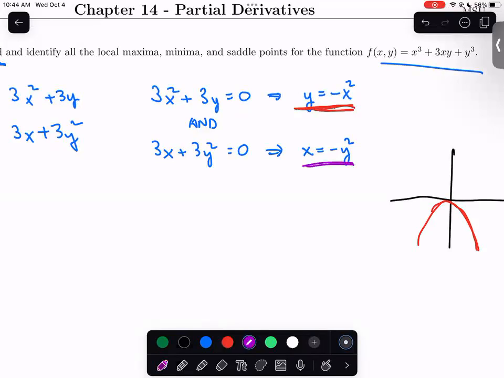Your y partial derivative is equal to 0 everywhere along this parabola. We practiced this a little bit back in 12.6, but if you need to use the point plotting method, please use it. Because it's x equals, it's going to open up left or right. And because we have negative y squared, it opens to the negative x values, to the left.